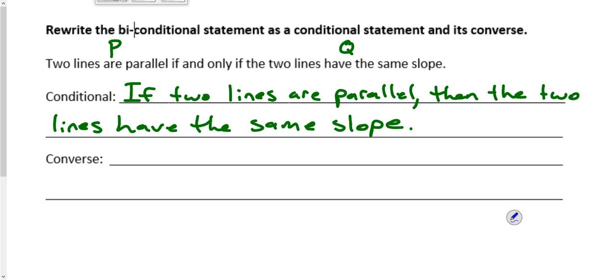So that would be the conditional. If two lines are parallel, then the two lines have the same slope.